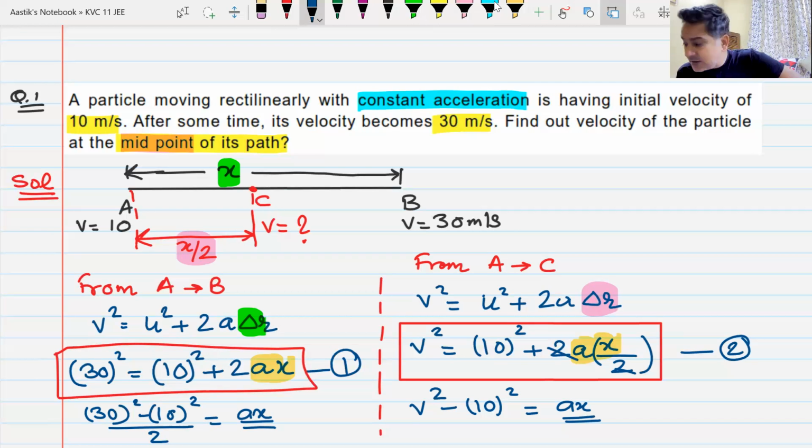What is the value of v that you are getting from here? What is the value of v or v square that you get from here? Ten root 5. 10 root 5. Well done. V is 10 root 5.